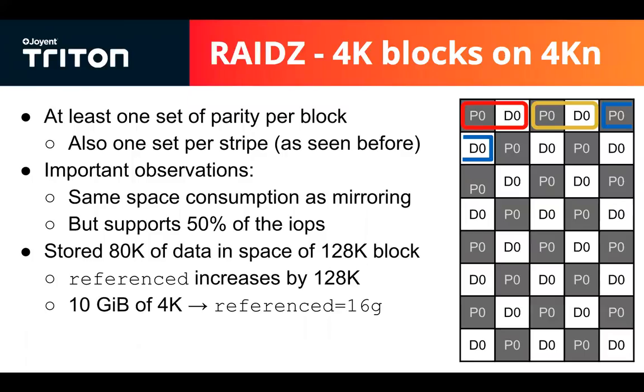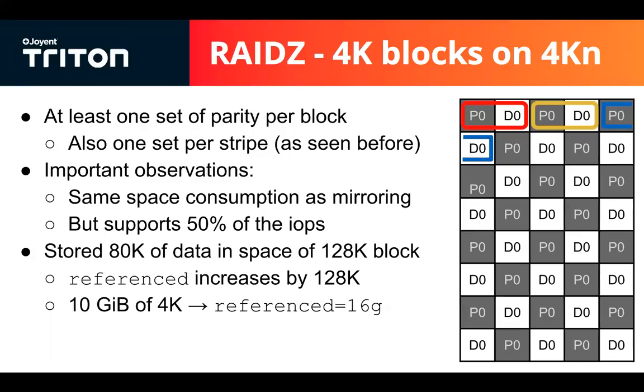So RAIDZ is not like RAID 5 when it comes to blocks that are smaller than a stripe width. It calculates parity on a per block basis. So when your block size matches your sector size, that means that you have a parity block for every data block.